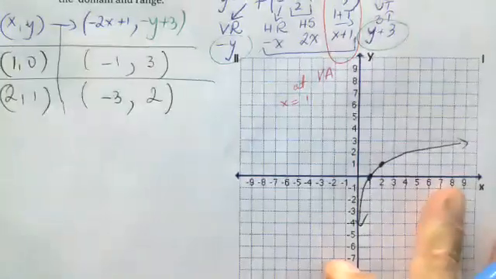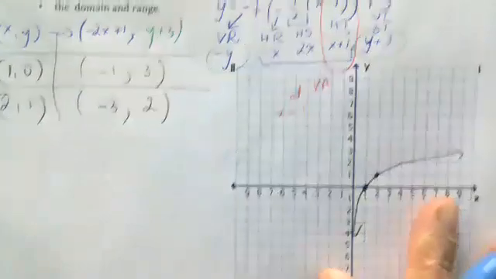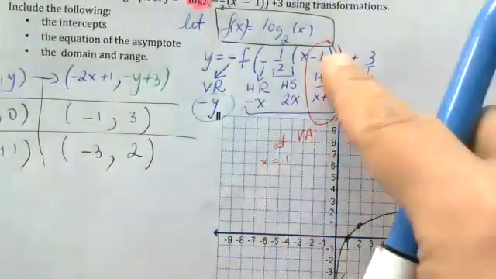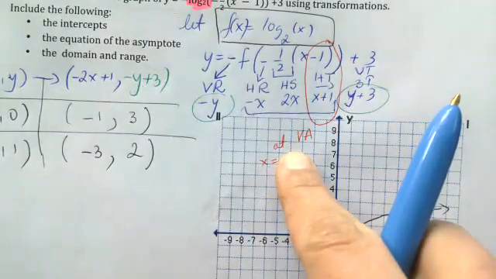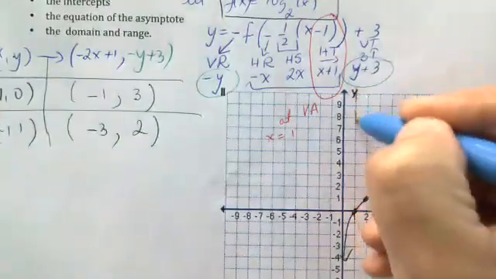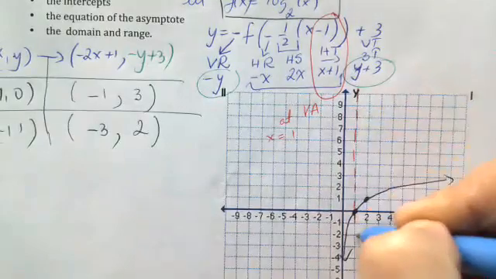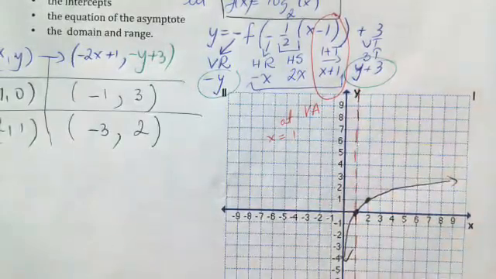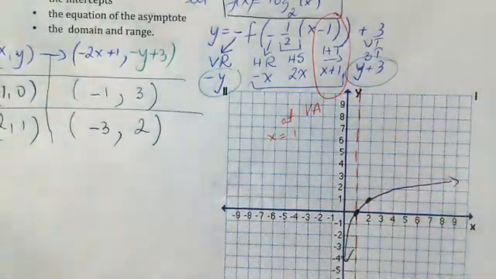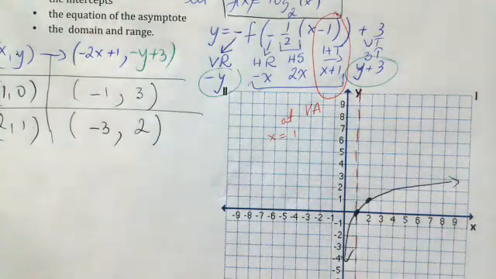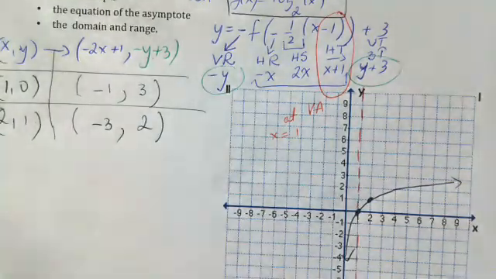My vertical asymptote is at x equals 1. How do I know? I look at my horizontal translation. So I would start with that, especially when you're working only with points. You do not want to start sketching your points without a vertical asymptote because for sure you will cross it when you sketch the graph.